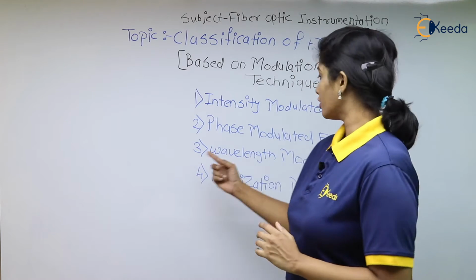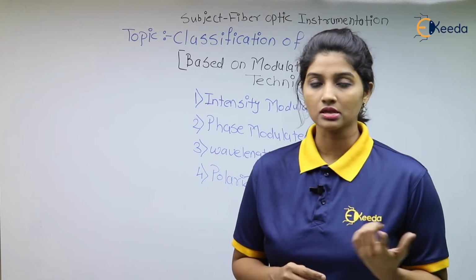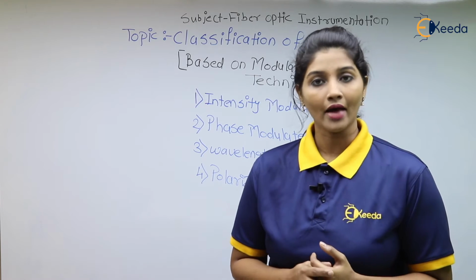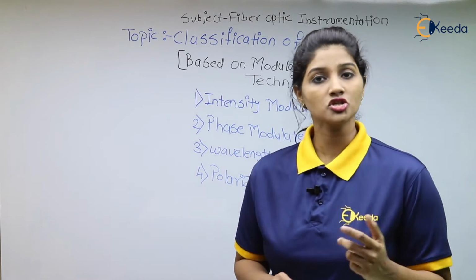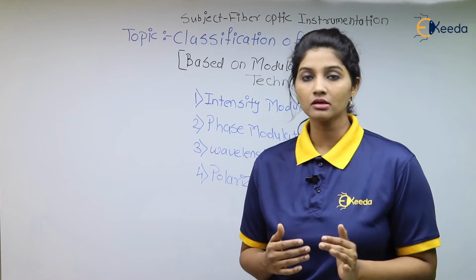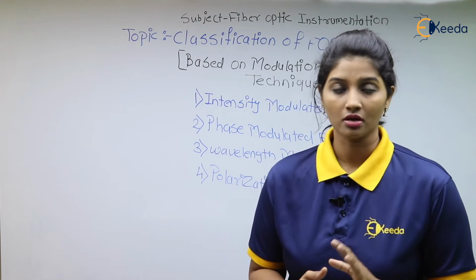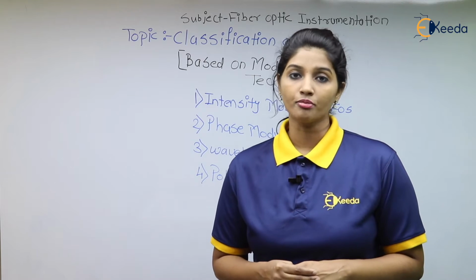Moving to the next, the wavelength modulated fiber optic sensor causes a change in the frequency, that is, the wavelength of the signal. And the last one, the polarization modulated fiber optic sensor, in which the polarization of the signal is compared. That means the polarization of the transmitted signal and the polarization of the received signal. If there is any change, then that causes variation in the radiated output signal.